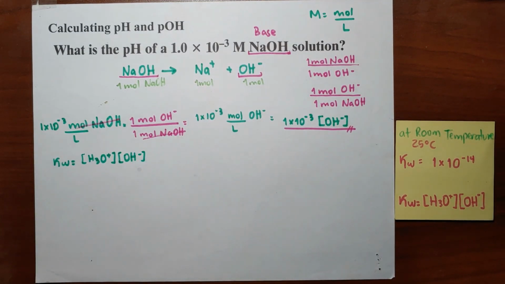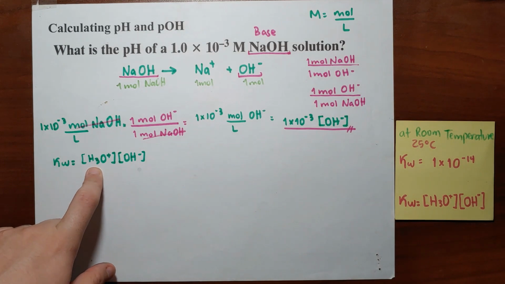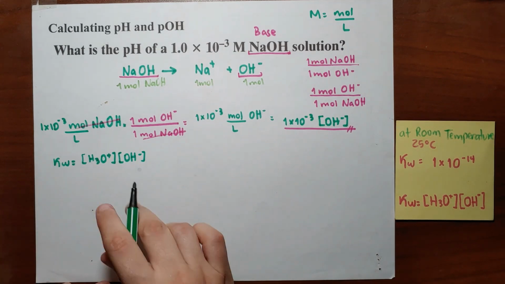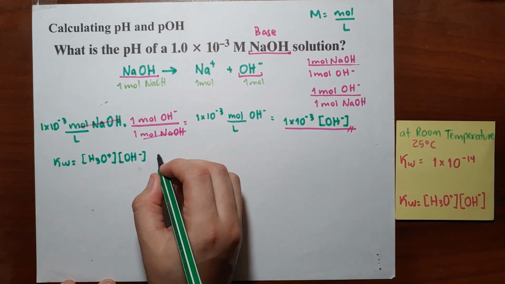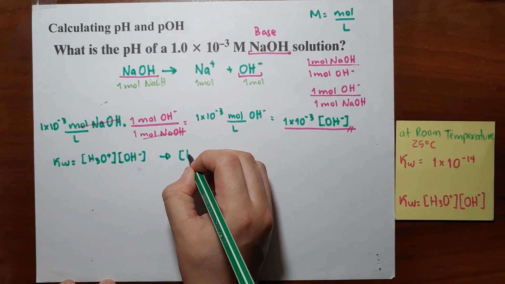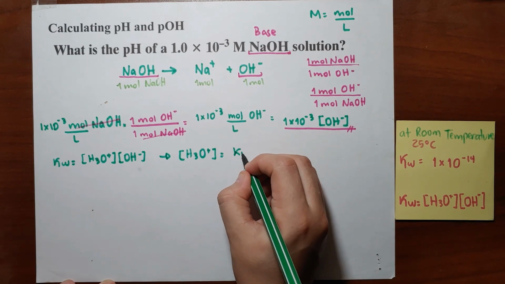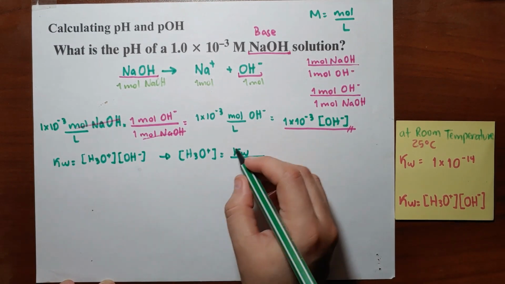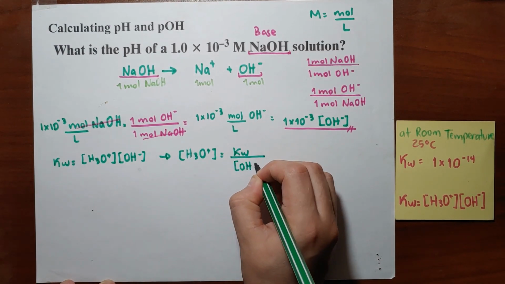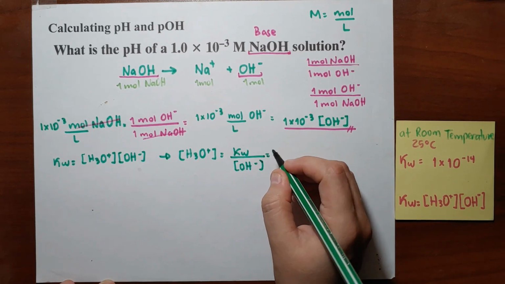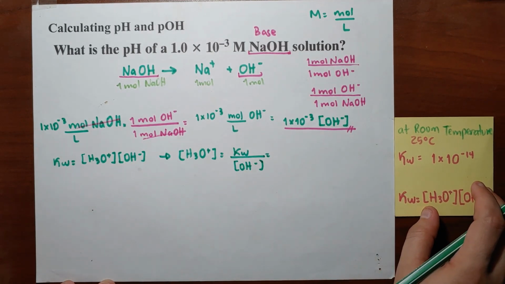We need to isolate the hydronium concentration. OH is multiplying, so it goes to divide. So hydronium concentration is equal to Kw on the top and OH minus below.